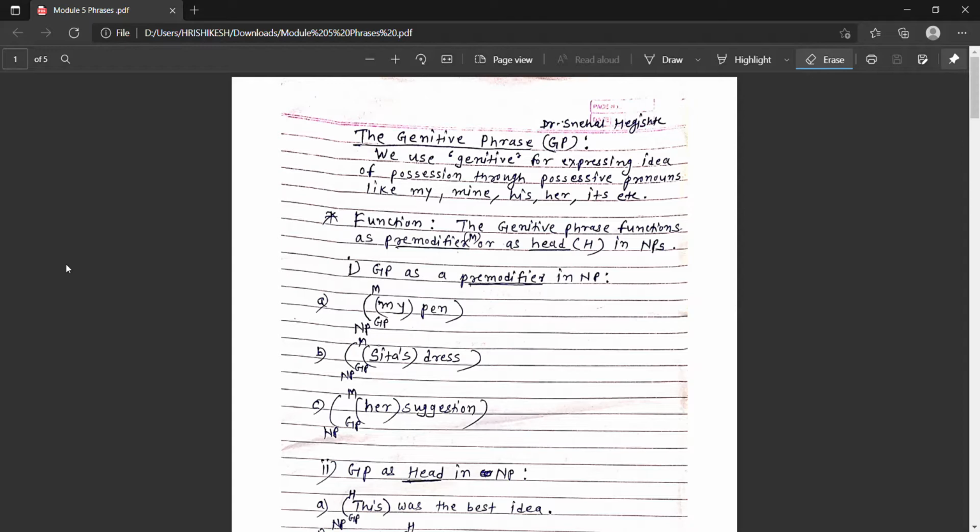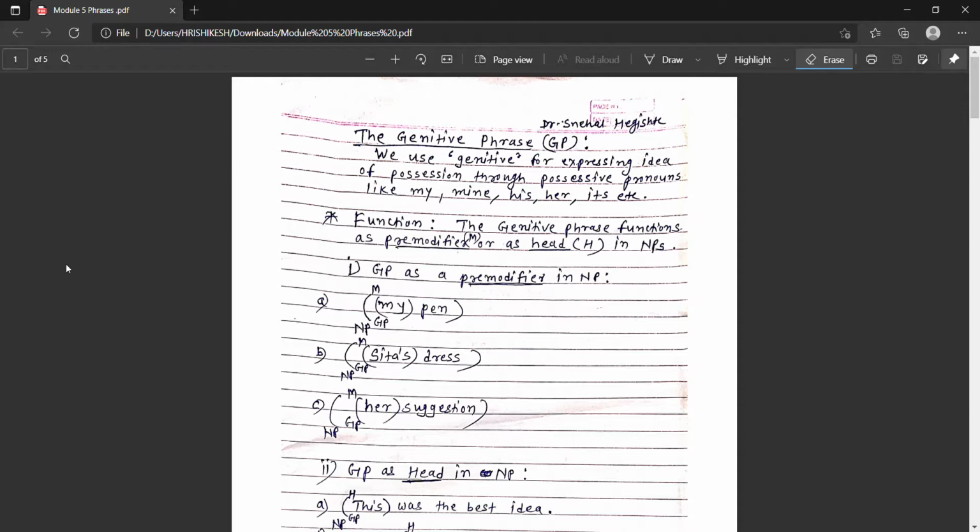So my pen is a noun phrase. After recognizing that phrase, we can give internal labels. My, again in a round bracket, is GP, genitive phrase, functioning as a pre-modifier of pen, which is the head of the noun phrase, because pen is a noun.